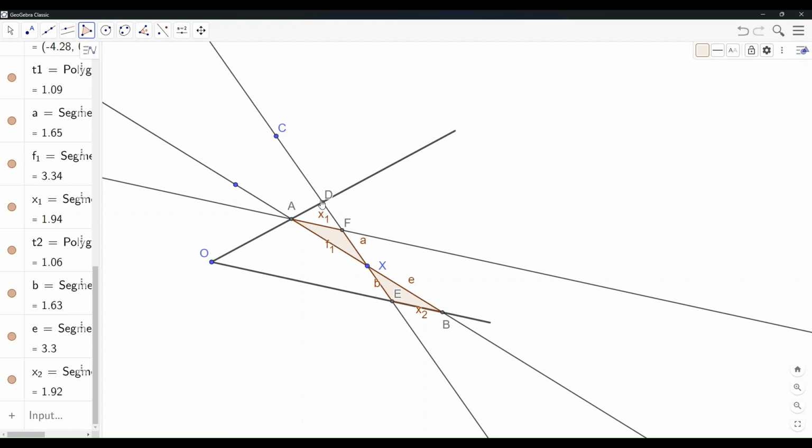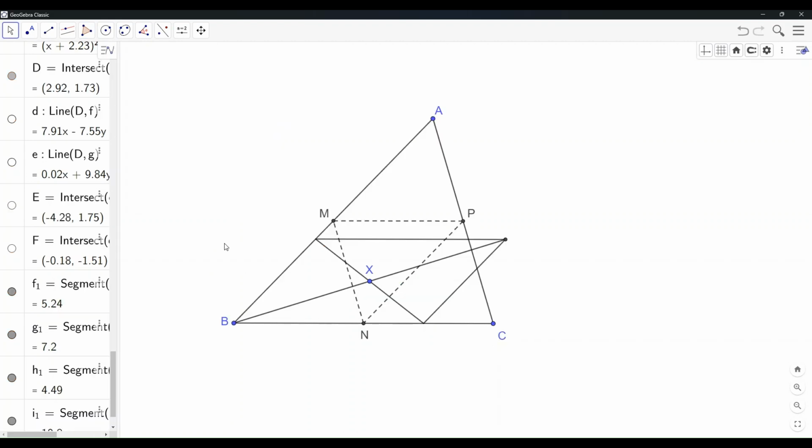And the triangle ADF is the actual area of the triangle ADX. The proof is done.